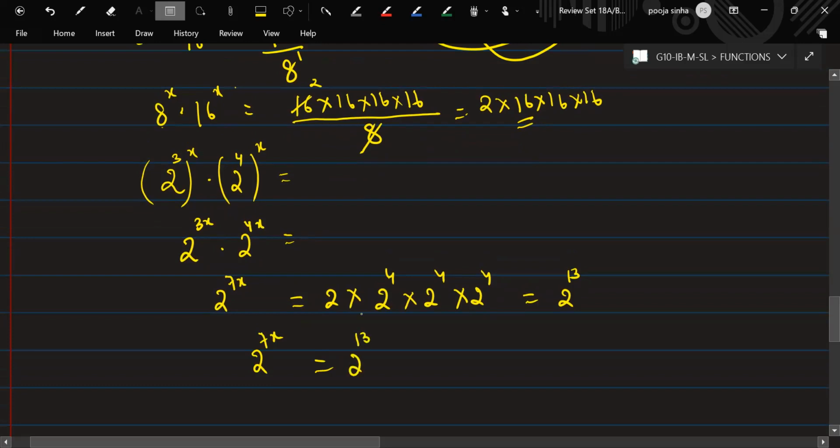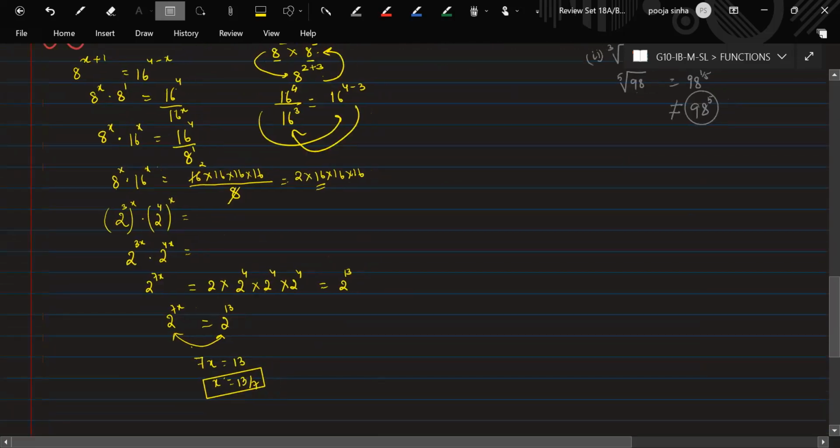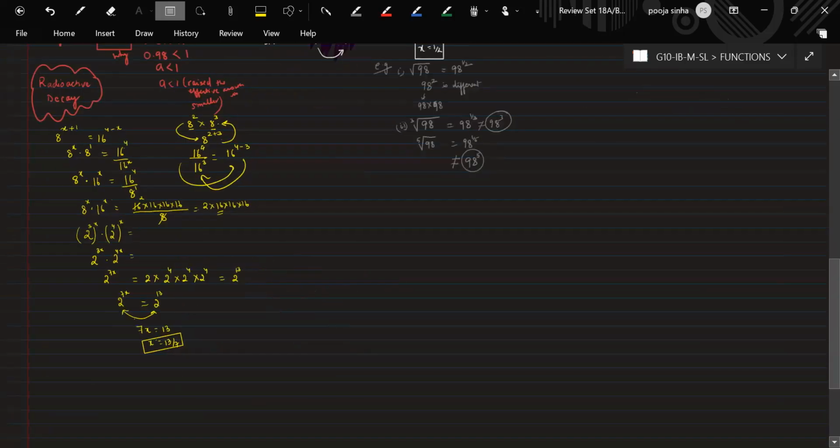Now x is... since bases are the same, I can equate the powers. So 7x is equal to 13, x is equal to 13 upon 7. Clear? Yeah. Let me just take a screenshot of this.